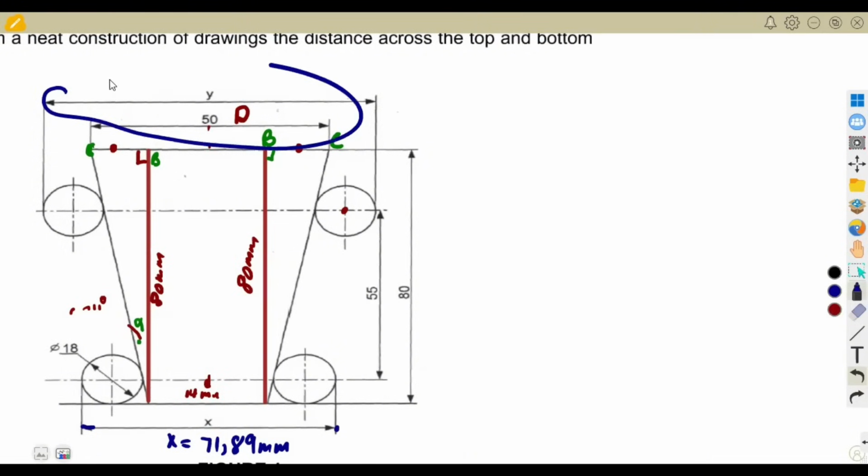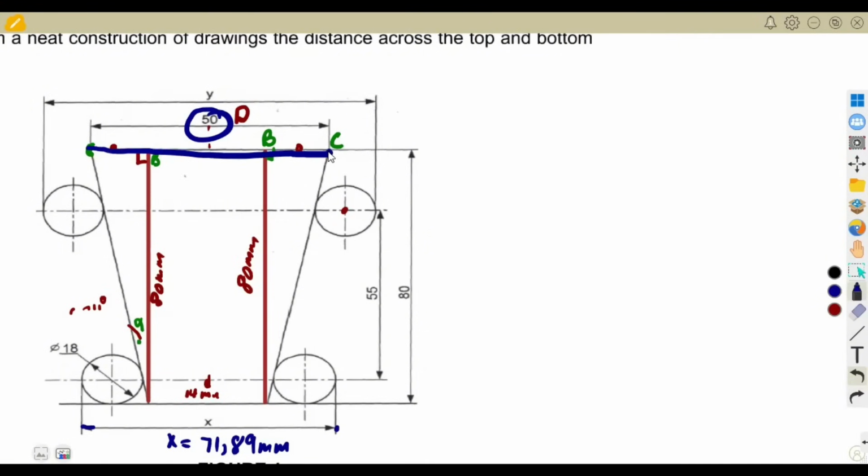This wall of Y here consists of the 50. If you take this whole 50, from here up to here, it means you just have to calculate the remaining distance, this one. That is what you need.